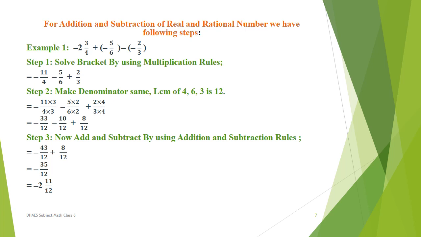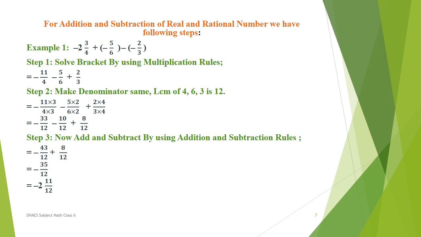To convert the mixed fraction, 4 multiplied by 2 is 8, then add 3. 8 plus 3 is 11, so we get minus 11 over 4 in place of minus 2 whole 3 by 4. Then plus bracket minus 5 by 6: plus multiplied by minus gives minus, so we write minus 5 by 6. Then minus bracket minus 2 by 3: minus multiplied by minus gives plus, so plus 2 by 3.